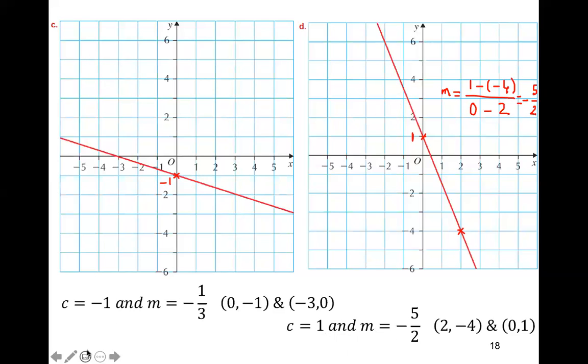And once again, I've given you the answers for C and M, but ideally you would write y equal negative 1 over 3 x minus 1 for this one.